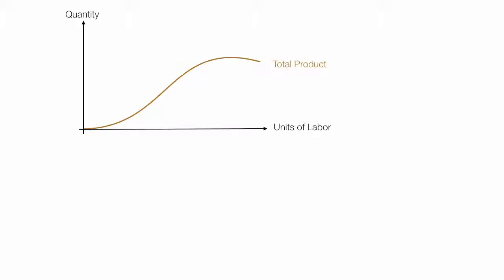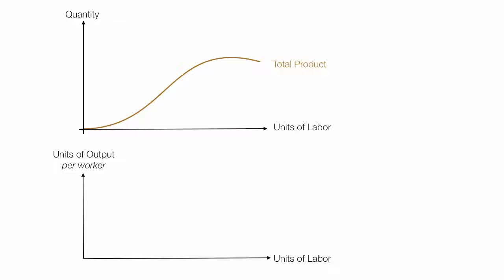Now if I take that same unit of labor line, the horizontal line, and I pull it down like that, that's units of labor. And on the y-axis, I have units of output per worker. Now I can plot average product. Average product is the quantity divided by the amount of labor, in this case Q1 divided by L1.